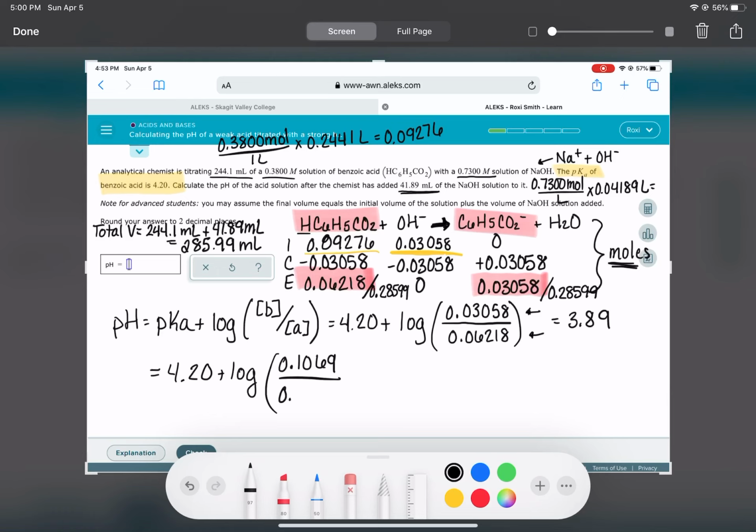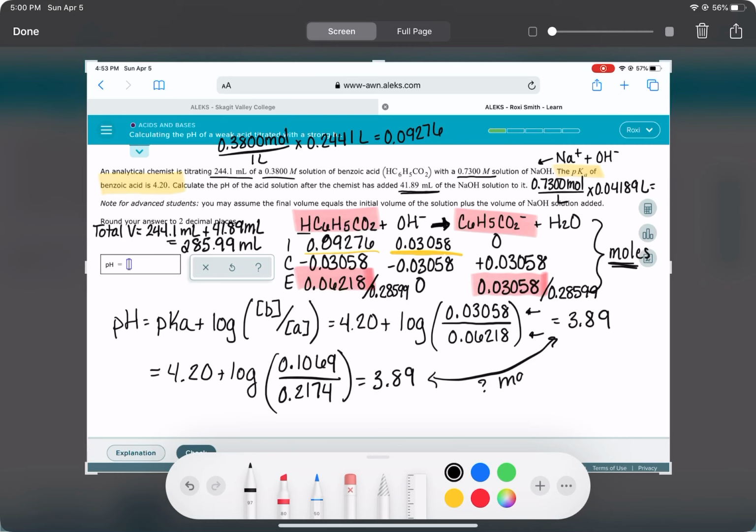That is 0.2174. Let's see what we get. Right now I'm just using my calculator to do the Henderson-Hasselbalch math again. 3.89. What? How did that work?